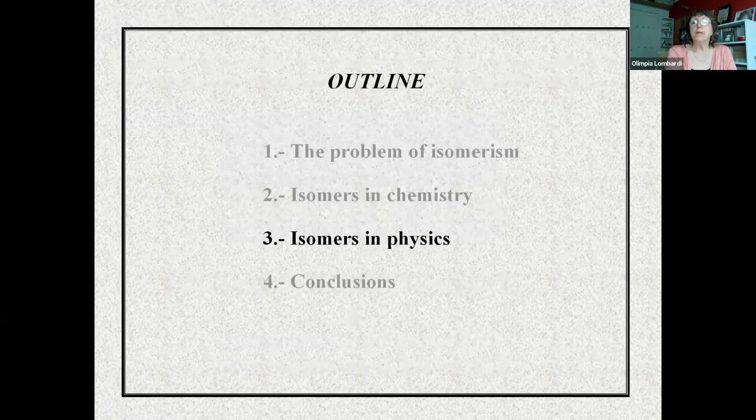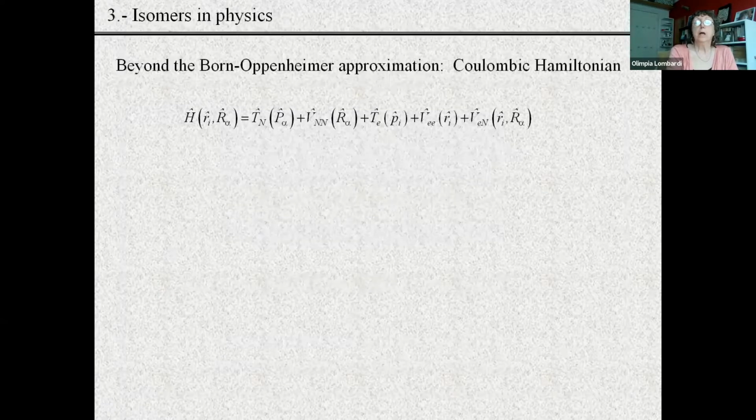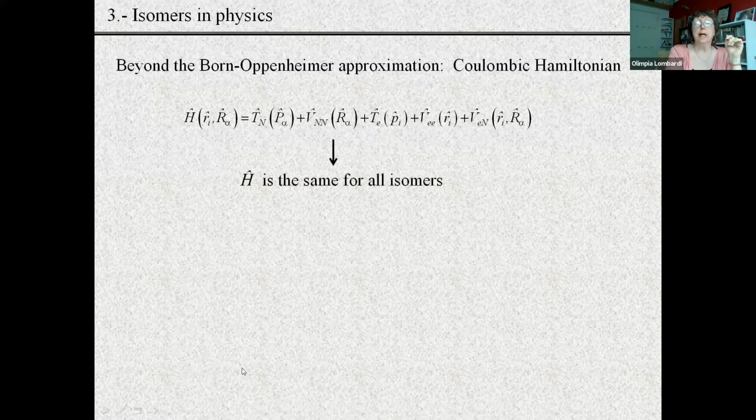What happens with isomers in physics? This is a problem that goes beyond the Born-Oppenheimer approximation. Let us see the Coulombic Hamiltonian with all its symmetries. The interesting point is that this Hamiltonian is the same for all isomers, and this is what Vanessa and Alex were saying, and I will focus on this point.